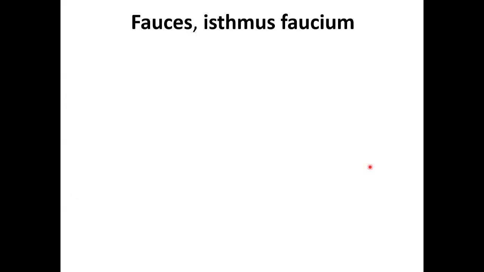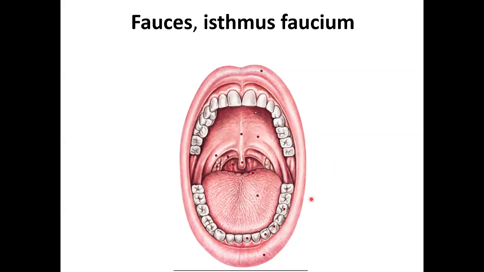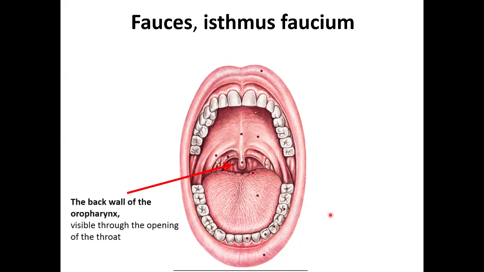So, to understand the fauces, we can use this picture. You can see that mouth is widely opened, and here, what is it? It's back wall of the oropharynx, which is visible through the opening of the throat.